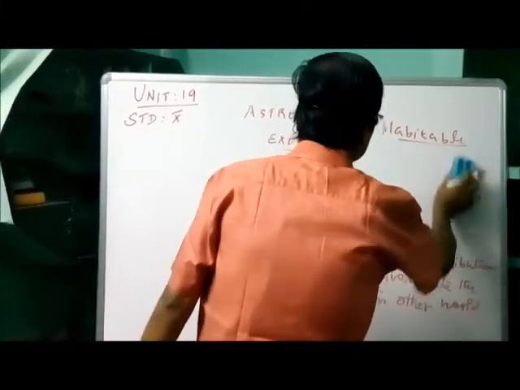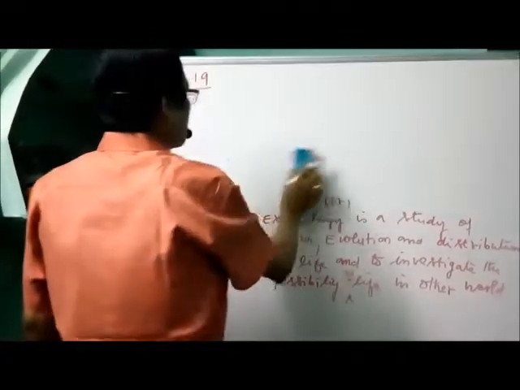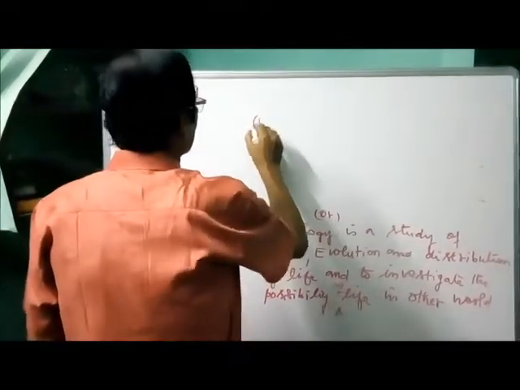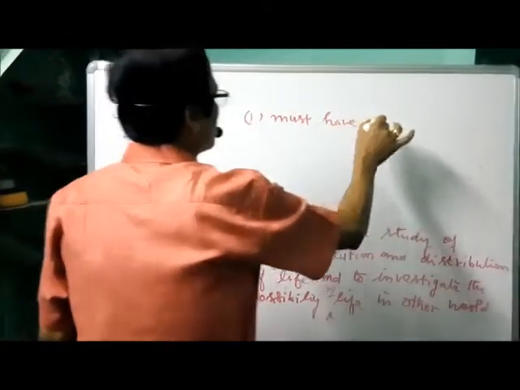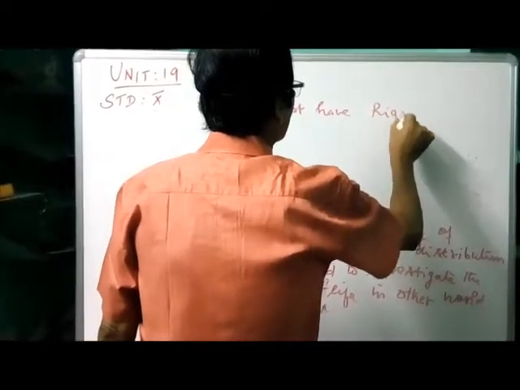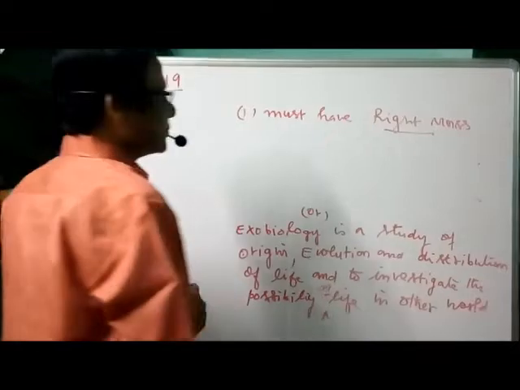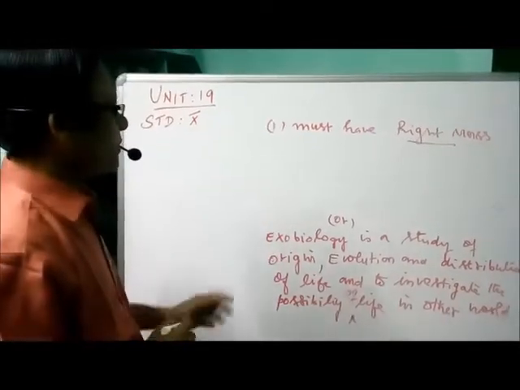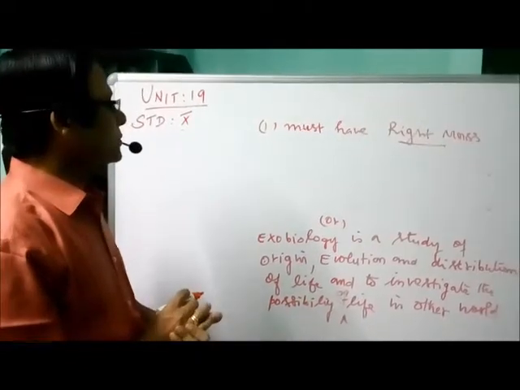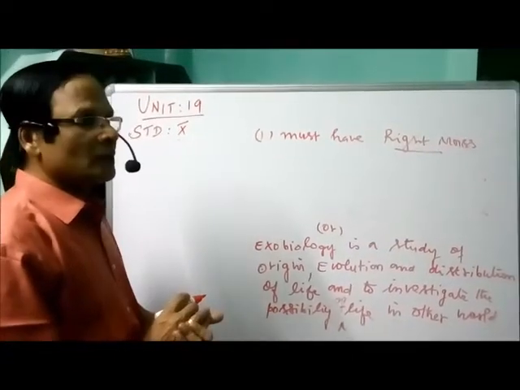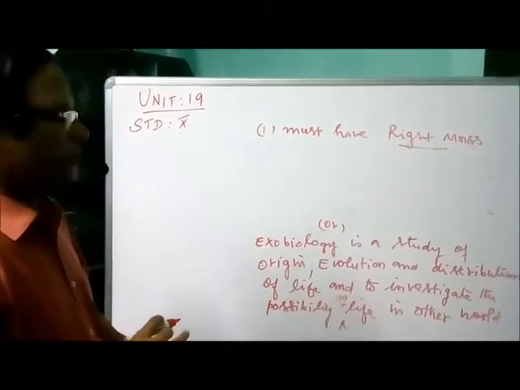First, it must have the right mass. So any planet can support the life of an organism. A habitable zone must have the right mass to retain an atmosphere.